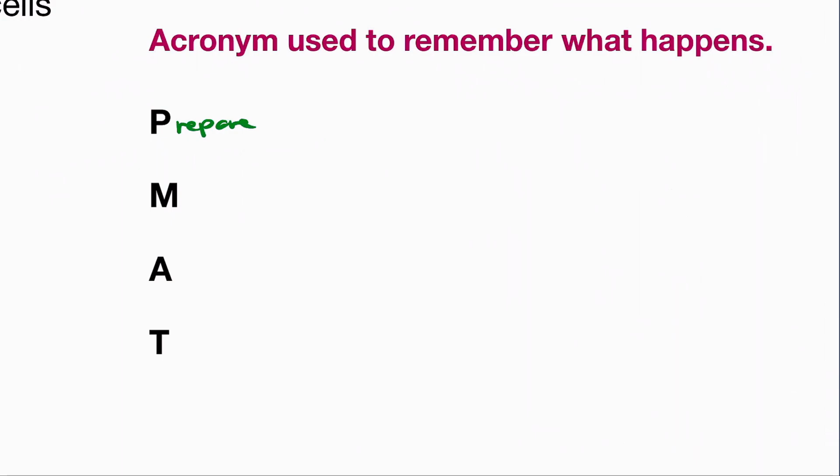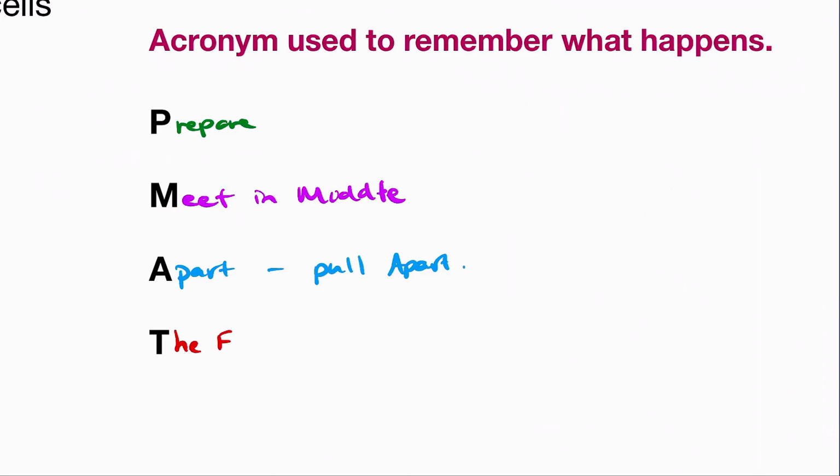The next one, metaphase, the chromosomes are going to meet in the middle. And A for pull apart. The chromosomes are going to pull apart. And then T for the end.